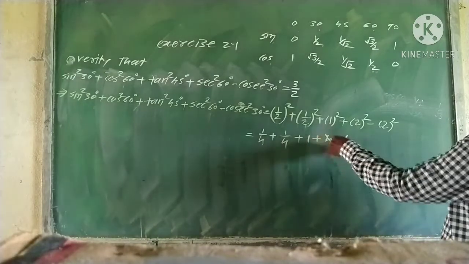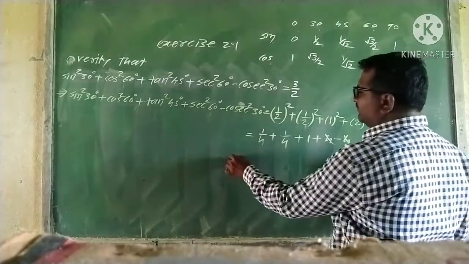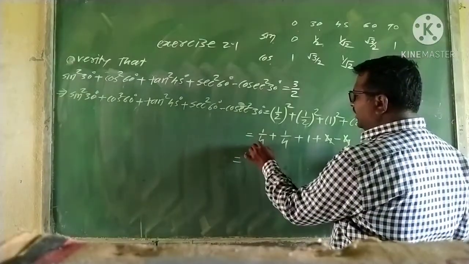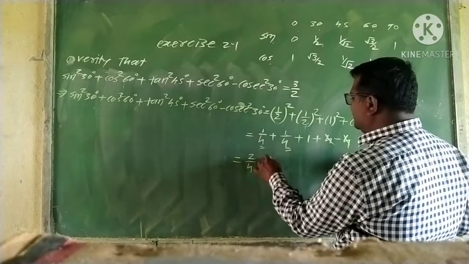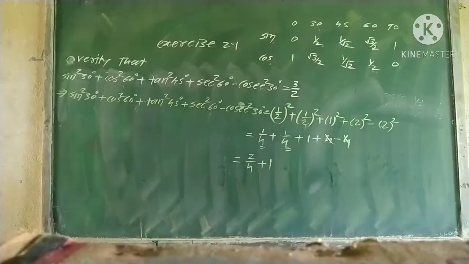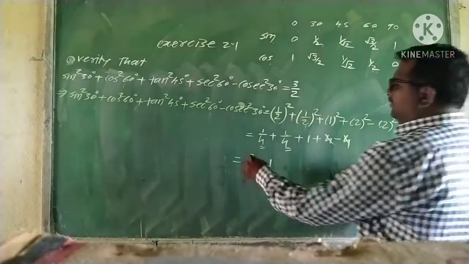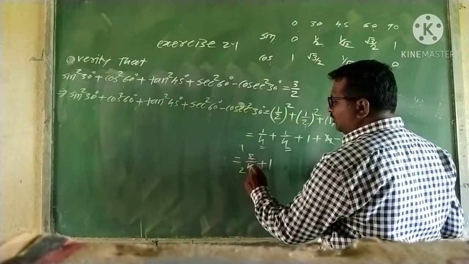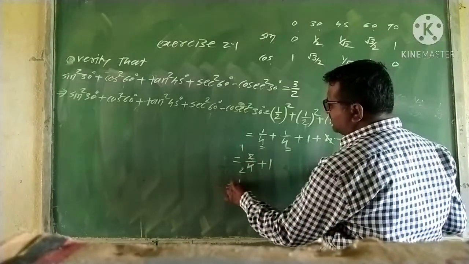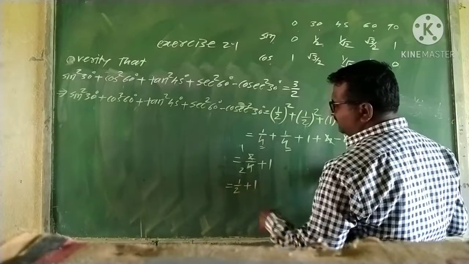Now here plus 4 minus 4 get cancelled. The denominator is the same, so this term is equal to 2 divided by 4 plus 1. Now 2 ones are 2, 2 twos are 4, so this term is equal to 1 upon 2 plus 1.